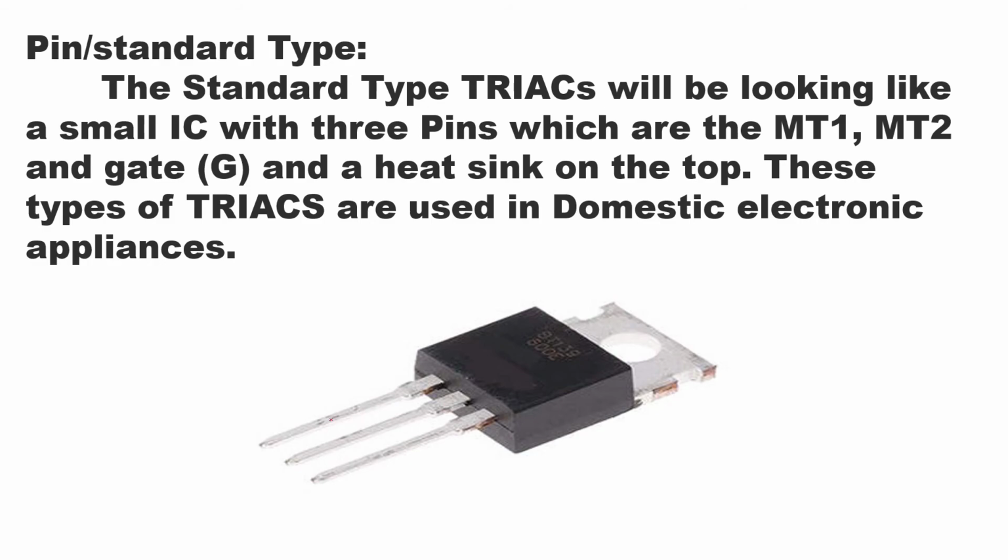These three terminals are your MT1, MT2, and gate, that is main terminal 1, main terminal 2, and gate, and a heat sink on the top. This type of triacs are used in domestic electronic appliances.